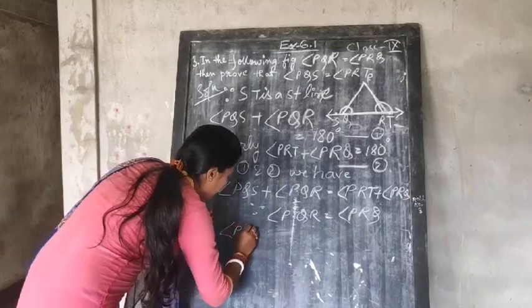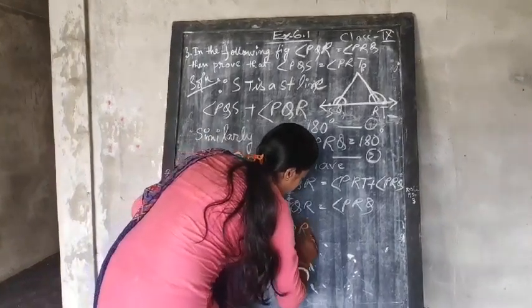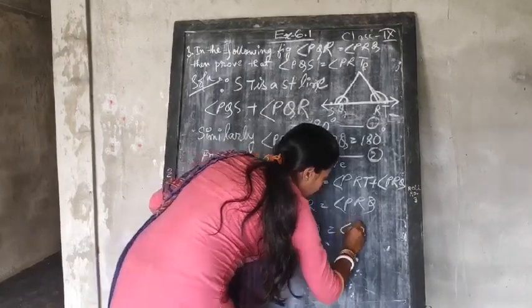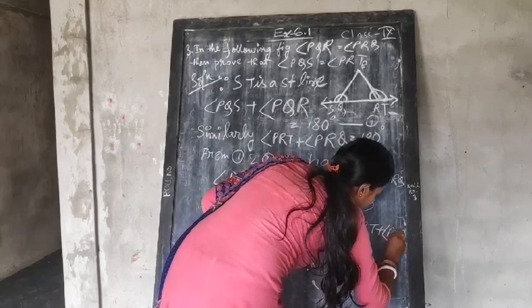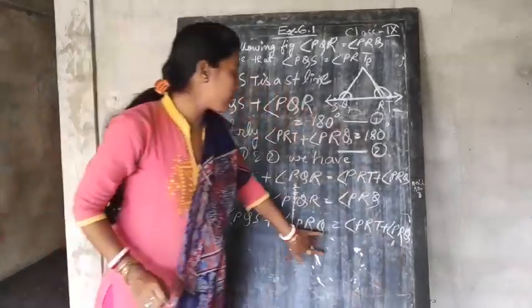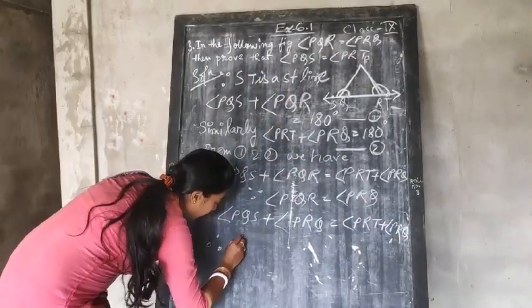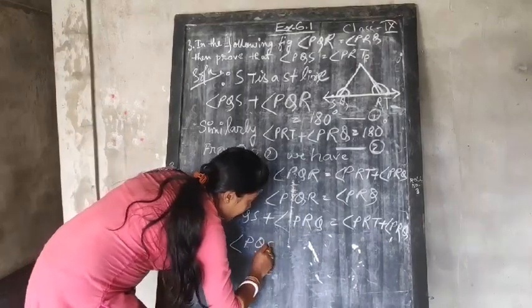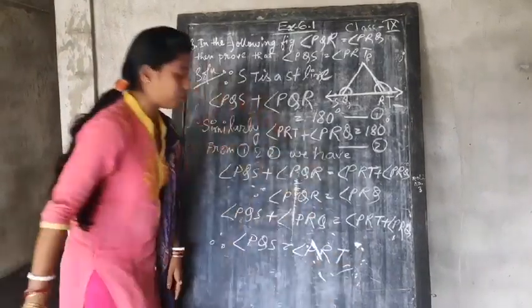Angle PQS plus angle PRQ equal to angle PRT plus angle PRQ. So PRQ and PRQ will get cancelled, so we get, therefore, angle PQS equal to angle PRT. So it is proved.